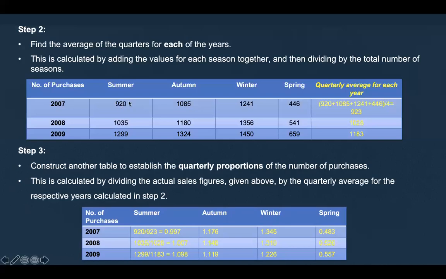So in the table above, we're given the value of 920 for summer of 2007. We divide that by 923, which we calculated before as the quarterly average for this year. That gives us a value of 0.997. We do that for each year and each season.